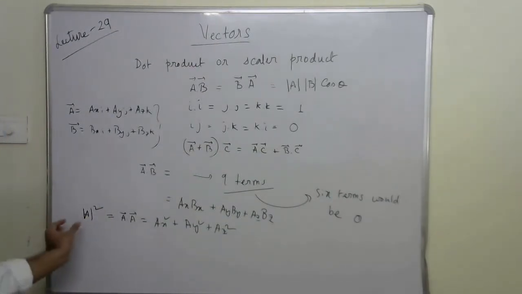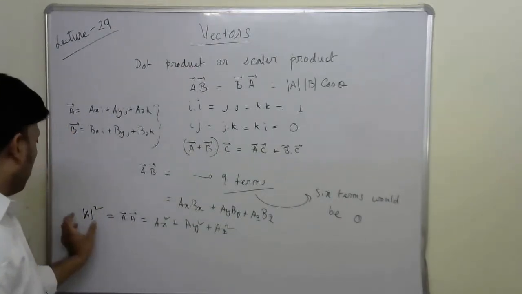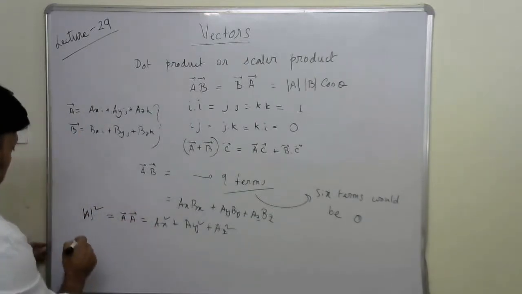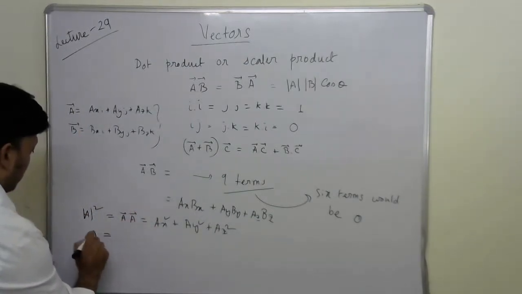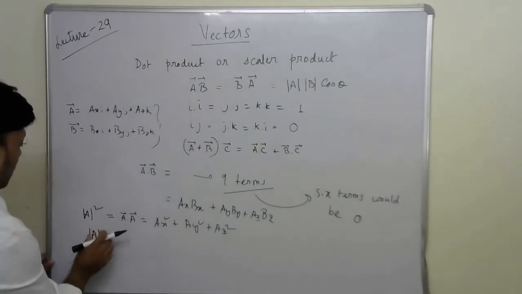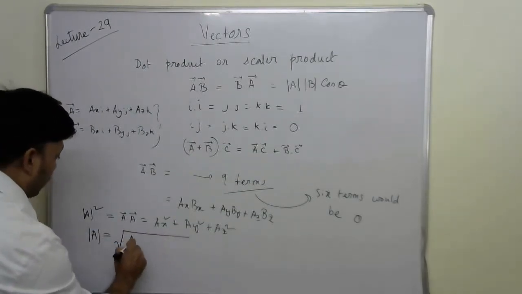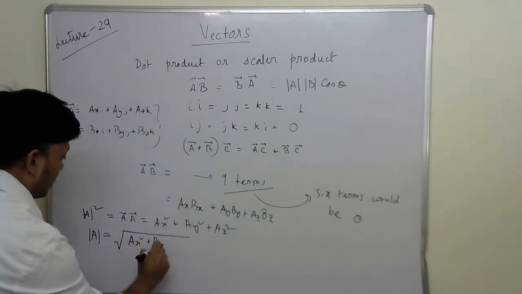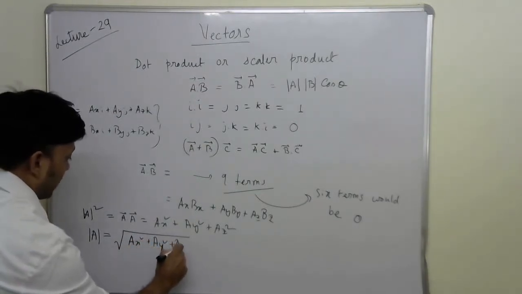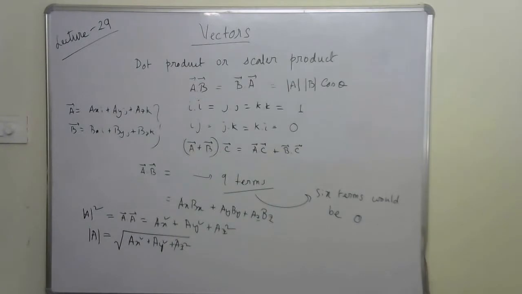Whatever the magnitude of A, we are taking the square of it, and similarly we can determine the value of A. That means the modulus value of A, the magnitude of A, becomes the square root of Ax squared plus Ay squared plus Az squared.